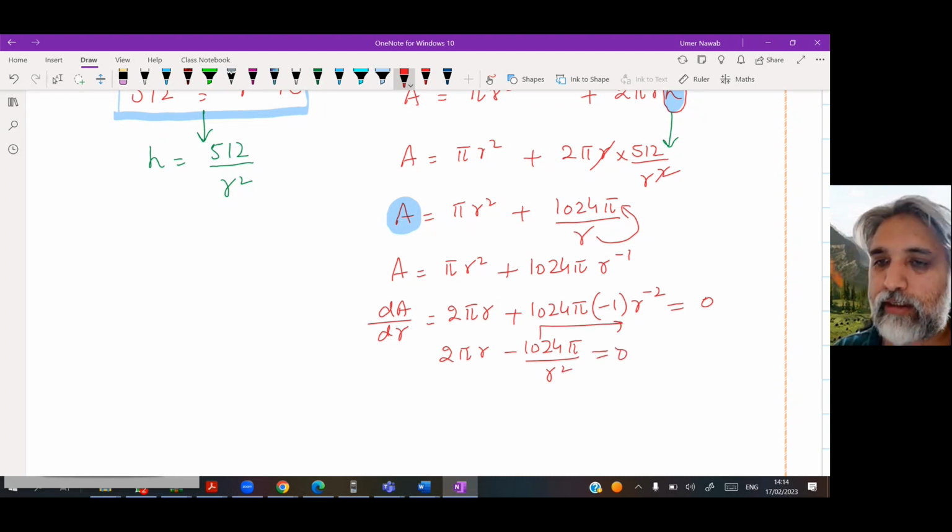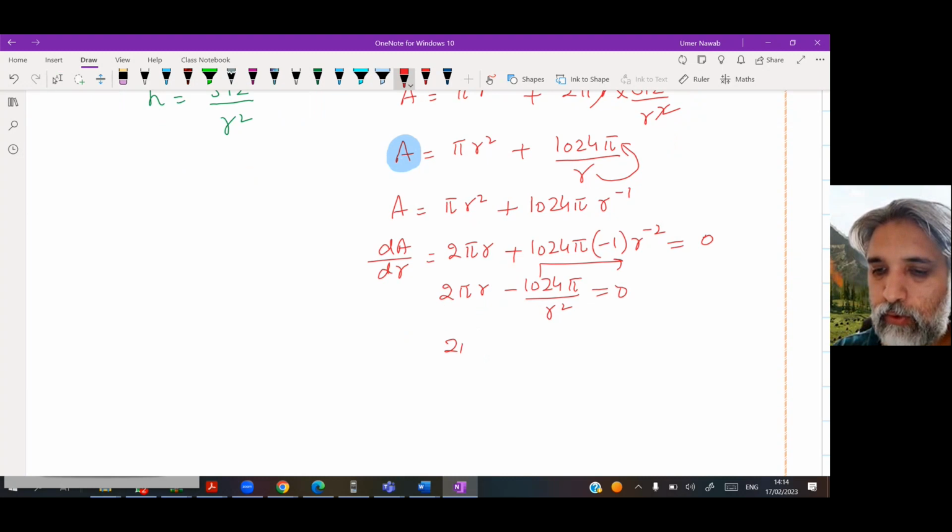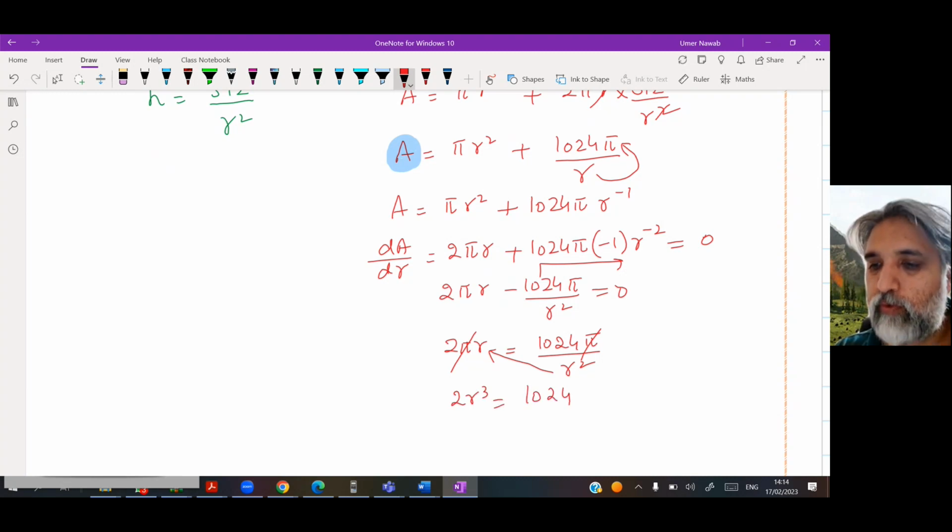Now send it to the right hand side. 2 pi r is equal to 1024 pi over r squared. Cancel pi with the pi. Do the cross multiplication. So 2r cubed is equal to 1024.